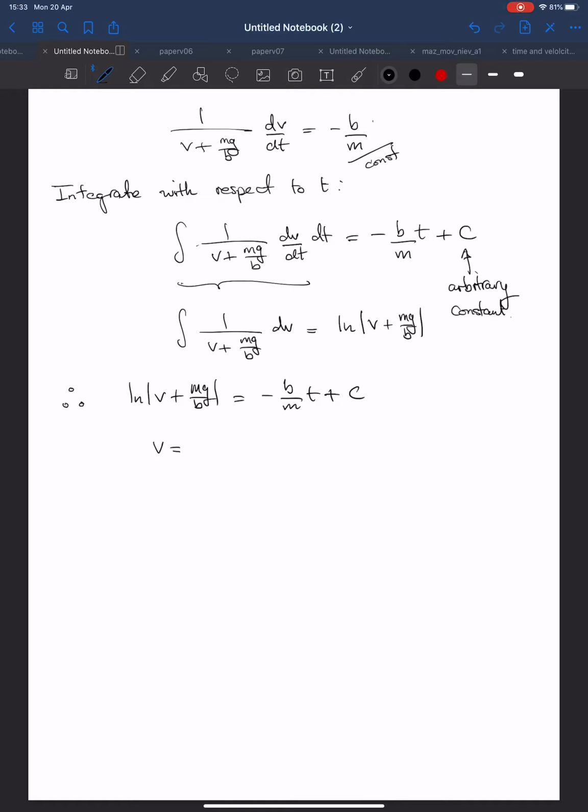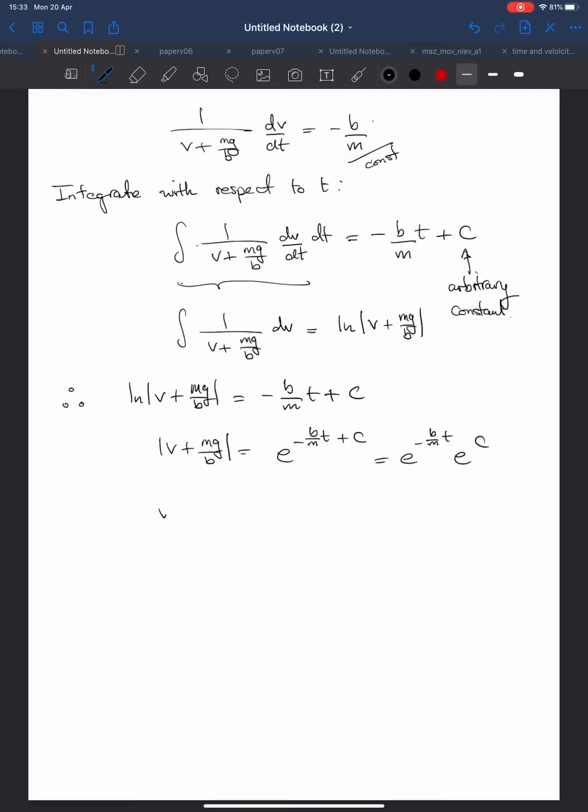And what I'll eventually get, as we've done so many times, is this. Okay, let me do it step by step as I've done in class. Okay, so I have this. Let's see. e to the minus b over m t plus c, which I can partition out.